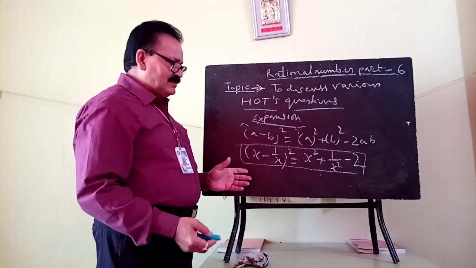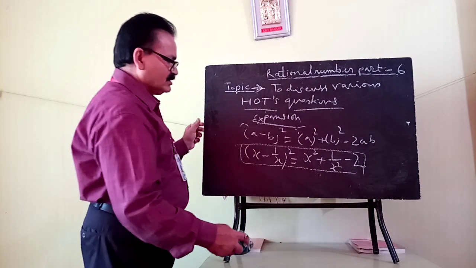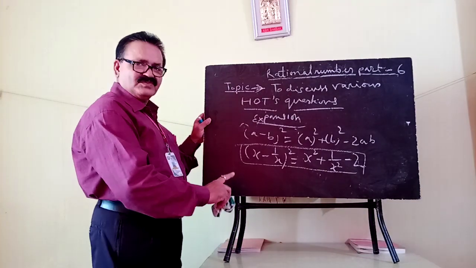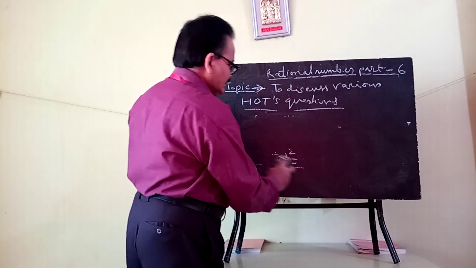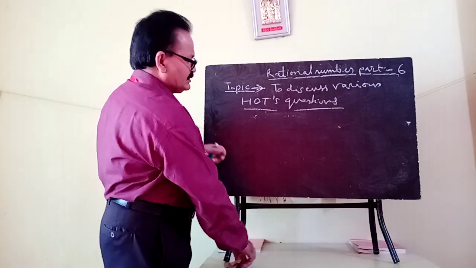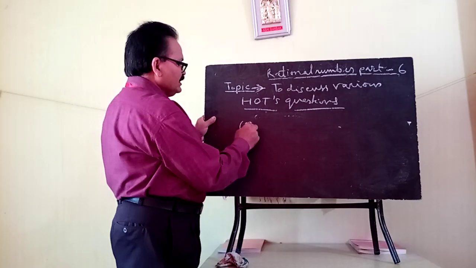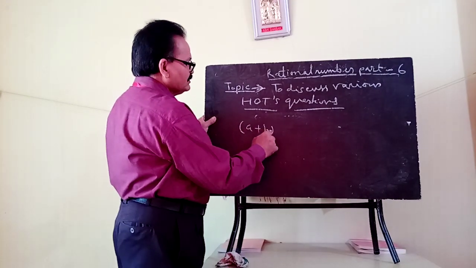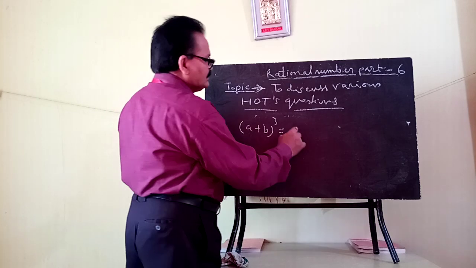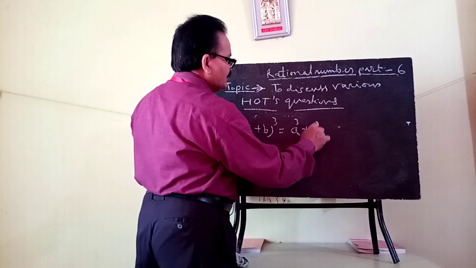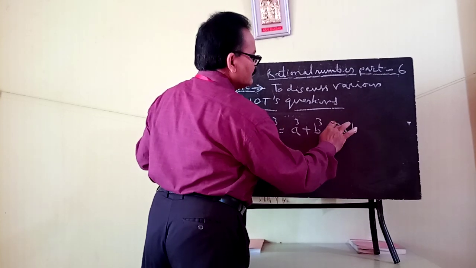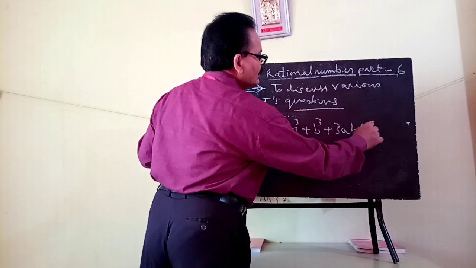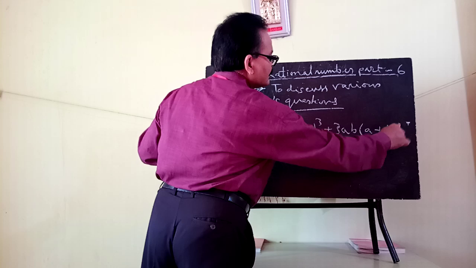Another formula, for the cube. Another formula of algebra that is also used in this case is a plus b whole cube, which means a cube plus b cube plus 3ab into a plus b.